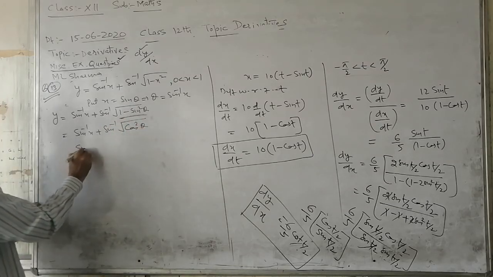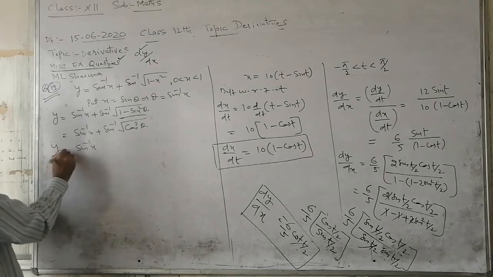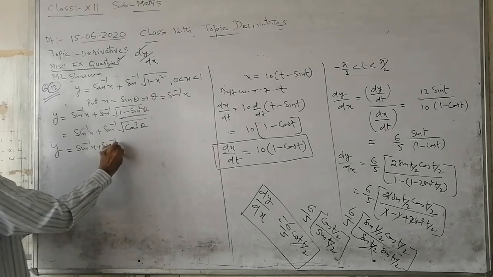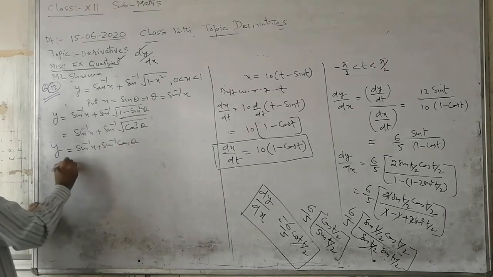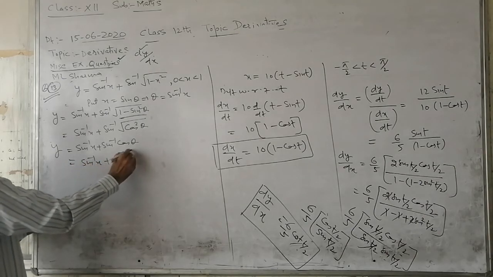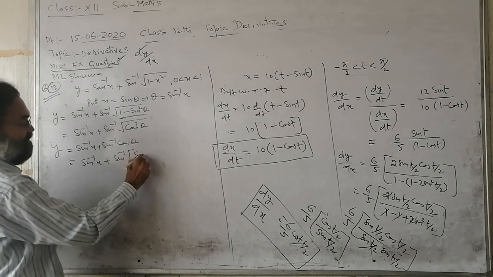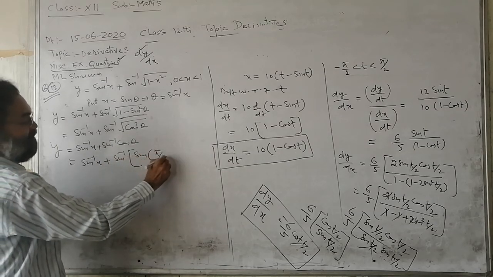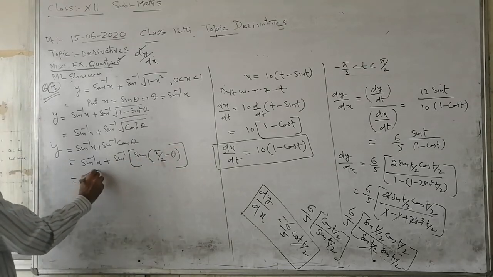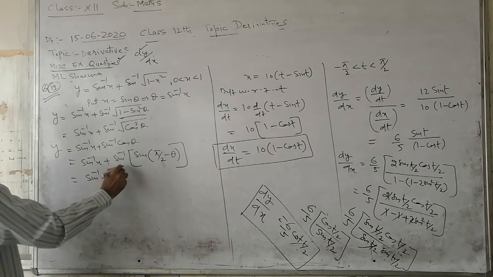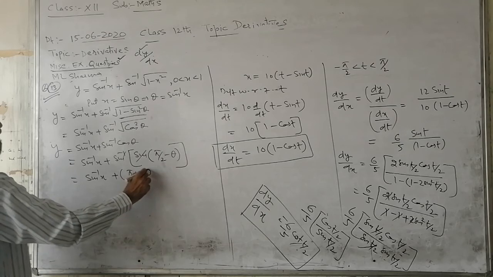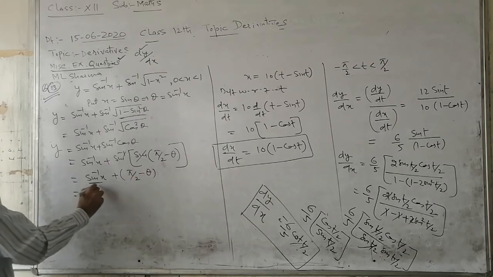So this will equal sine inverse x plus sine inverse cos theta. On further simplification, cos theta I can write as sine of pi by 2 minus theta. So this will be sine inverse x plus, sine and sine inverse will cancel, so only pi by 2 minus theta is left, and this is the value of theta.